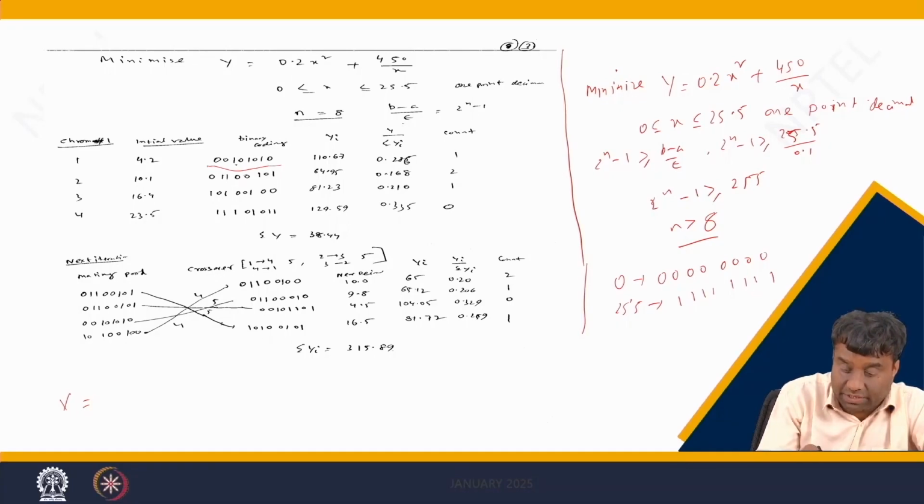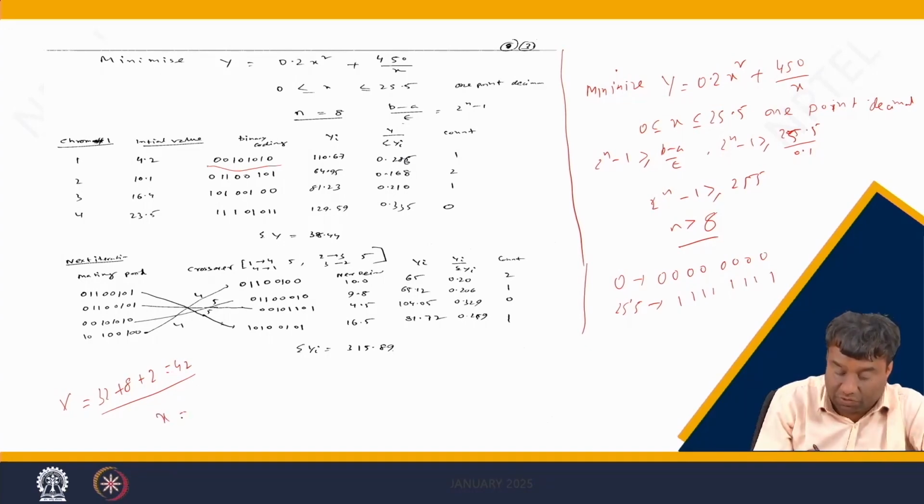So if we convert it from the binary string, you will get x equal to 2 plus 8 plus 32, so x is 32 plus 8 plus 2, that is 42. So here you can write the decoded value, x is equal to a plus (b minus a) divided by (2 to the power n minus 1), into x.